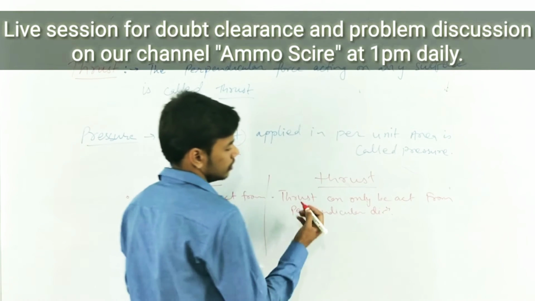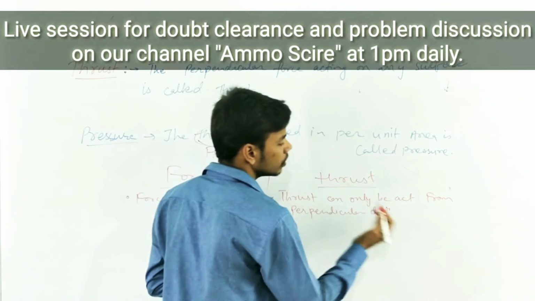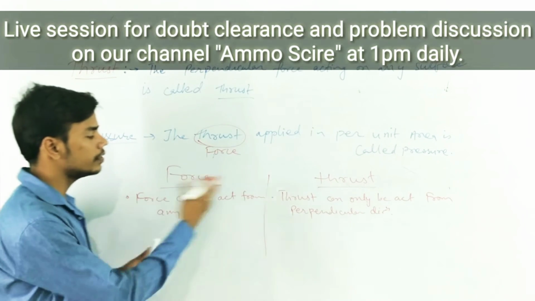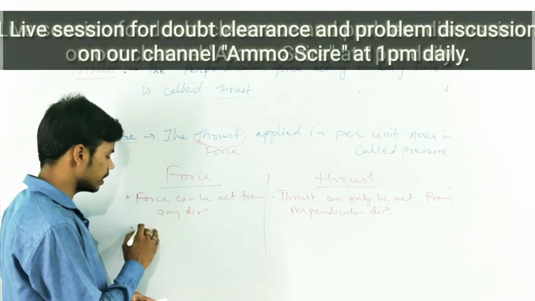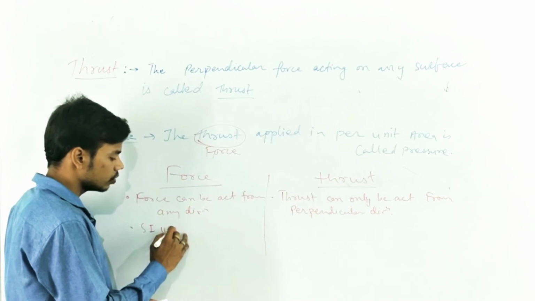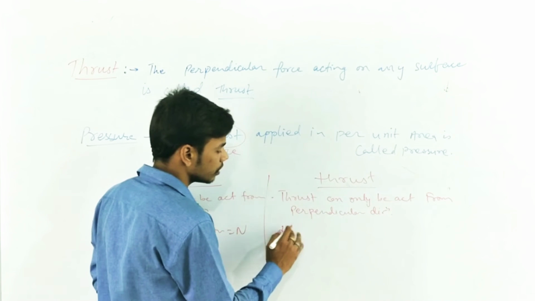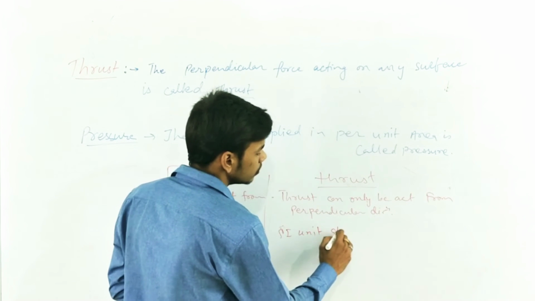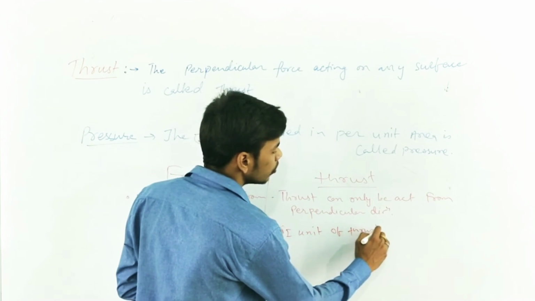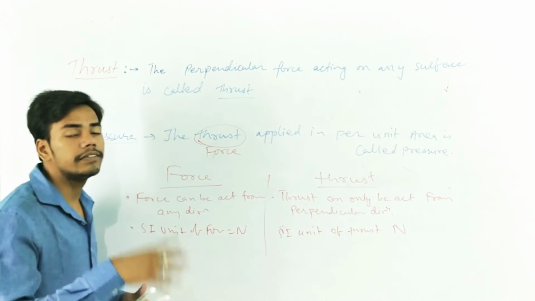So guys, thrust only can be acted from the perpendicular direction. This is the only difference between force and thrust. The remaining terms are the same. The SI unit of force is taken as Newton, and the SI unit of thrust is also taken as Newton. So the remaining terms, that is the SI unit and the definition, are the same for both.